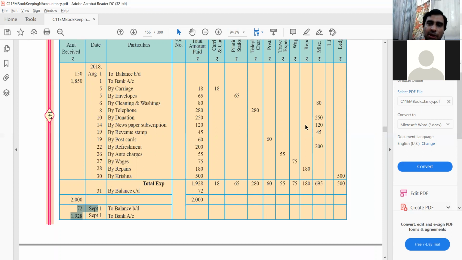So however much cash is there, you give the cashier the extra amount so that it adds up to 2,000. On the first of the month, if he has got 100 rupees, you give him 1,900 more. If he has got 500 rupees, you give him 1,500 more. So every month on the first, you are bringing his balance to 2,000. If he has already got 72 remaining from last month, you will give him 1,928.